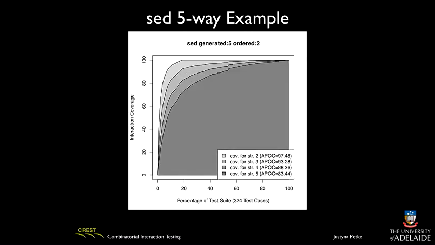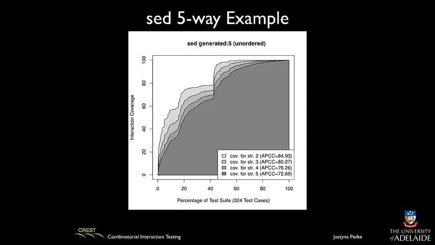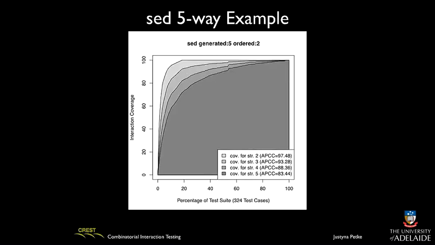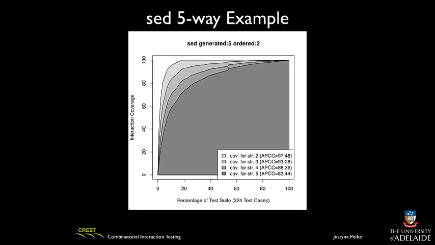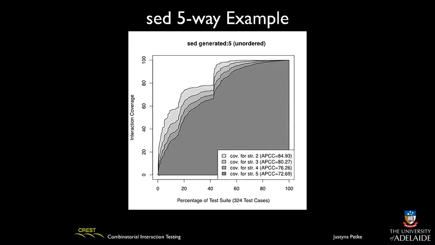Once we order them based on the 2-way interactions, so as to cover as many pairs as possible first, and then the number of newly covered pairs declines, you can see that the speed at which we get to 100% is a lot faster. So we're here at about 20 tests compared to, well, maybe 60 or 80. So we got a lot faster, and we cover all 2-way interactions.